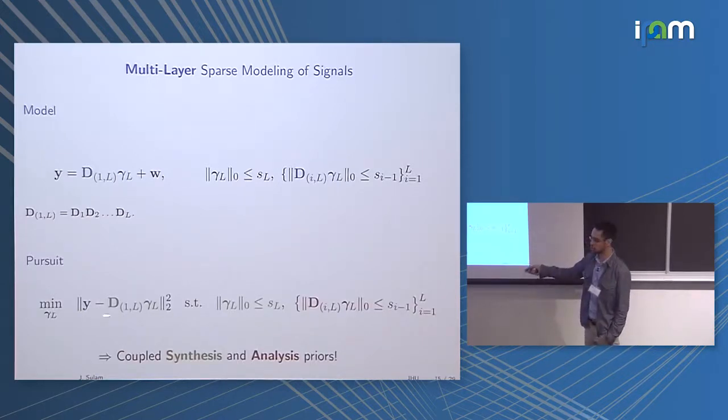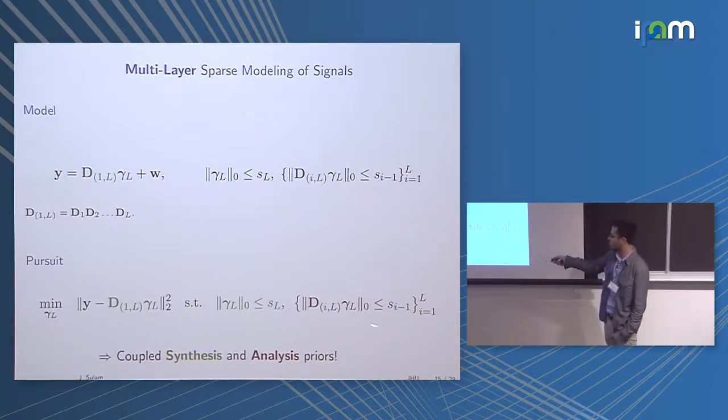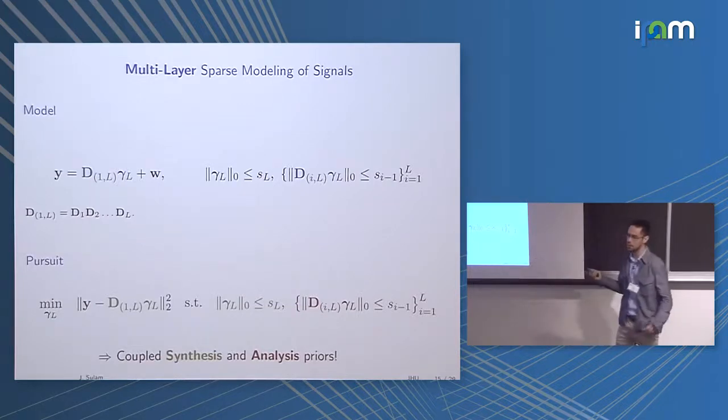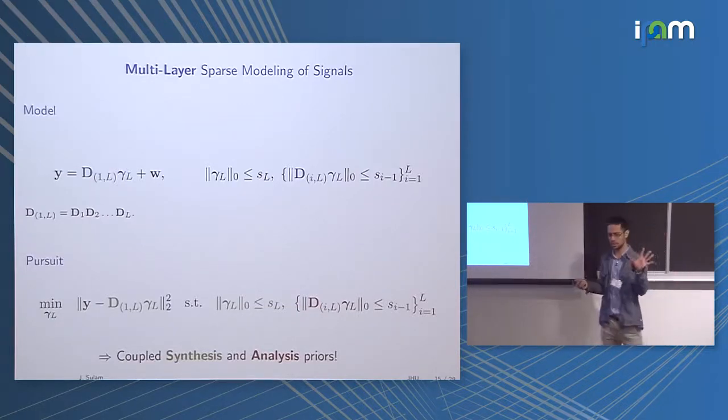You're minimizing an L2 with these sparsity constraints on the innermost representation gamma L, and at the same time you're imposing an analysis sparse prior on this gamma L representation. Namely, you want gamma L not only to be sparse, but also to be sparse after you multiply it with these operators. And this gives us a very particular coupling of these synthesis and analysis sparse priors.